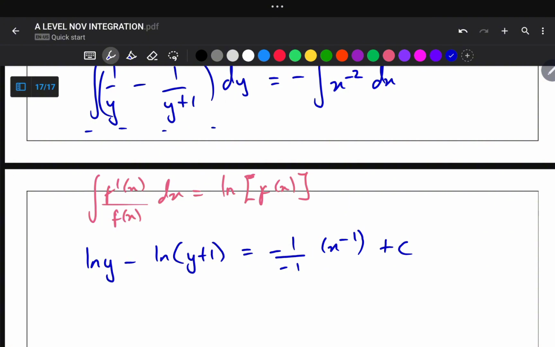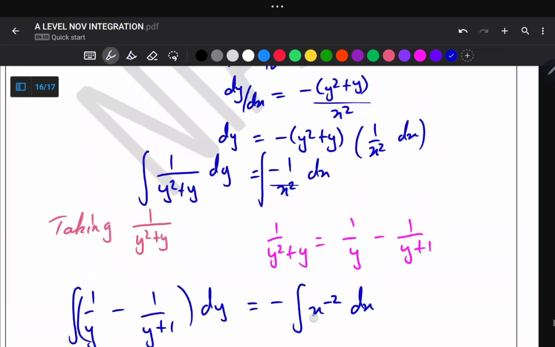Okay, so it is now ln y minus ln of y plus 1 being equal to x raised to the power negative 1 plus c.